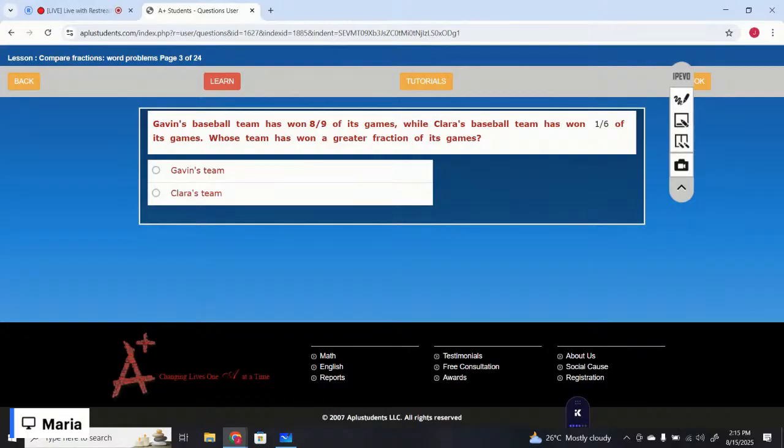Gavin's baseball team has won 8 of 9 of its games, while Clara's baseball team has won 1/6 of its games. So, whose team has won a greater fraction of its games? Which is the correct option, 8 out of 9 or 1 out of 6?